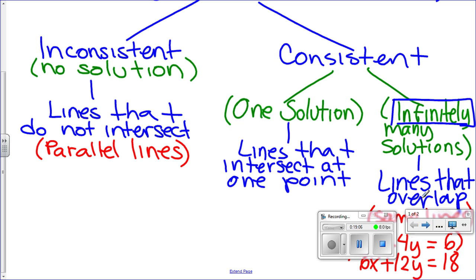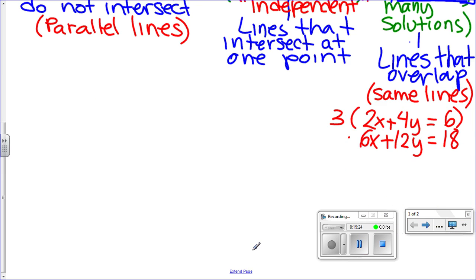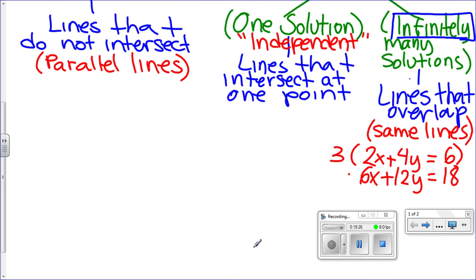When a system has one solution, we call it independent. And when a system has infinitely many solutions, how do you guys think we will call it? Dependent? Yes. Dependent.